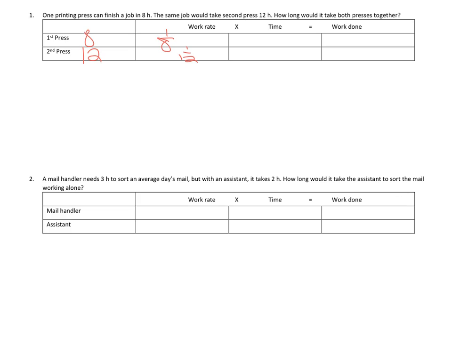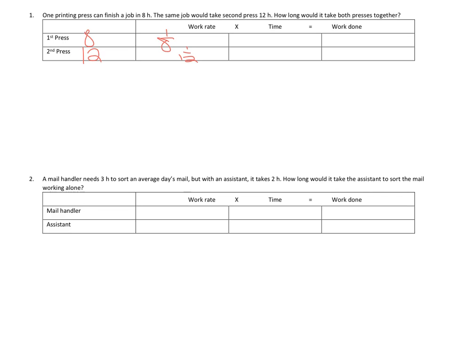Okay, now for the time. I don't know how long it takes them to print together. So this time that we're looking at here is the time it's going to take them to print together. How long they would be running, okay? Now, I don't know how long it's going to take them together, but assuming they start at the same time and they finish at the same time, they would print for the same amount of time. Agreed?